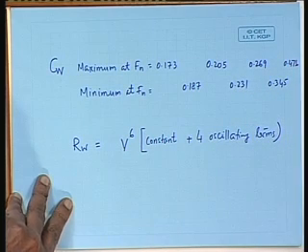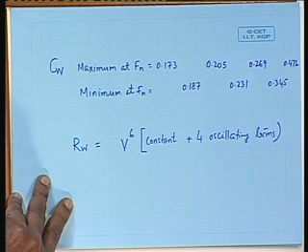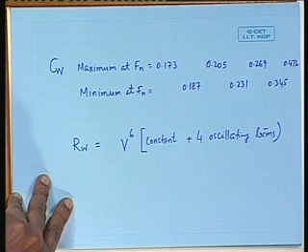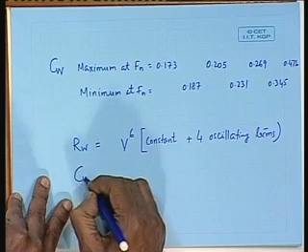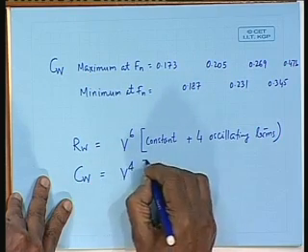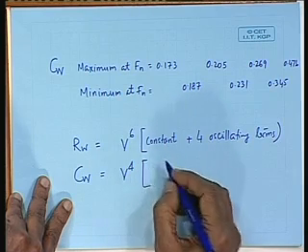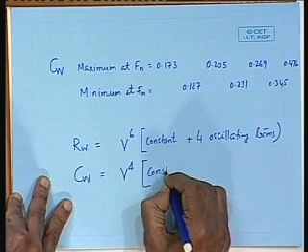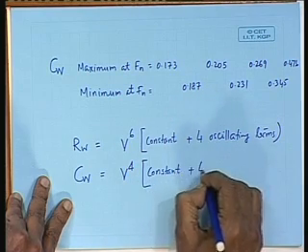Oscillating because of the waves, correct? Am I understood? Then Cw is Rw over half rho S v square, so v square will cancel, and it will be some other constant plus 4 oscillating terms.